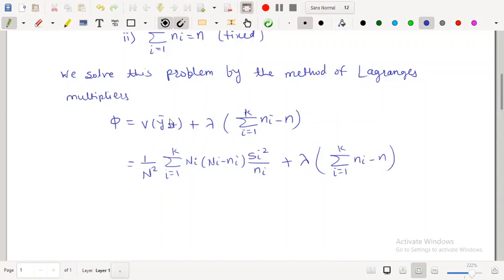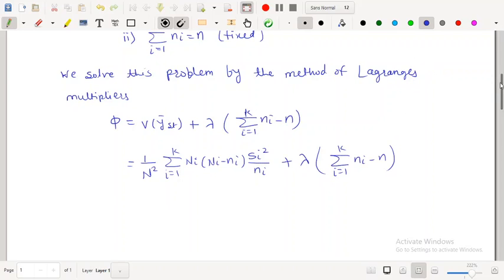In the method of Lagrange's multipliers, we define this phi and then we take the derivative, dou phi by dou ni, and equate it to 0.